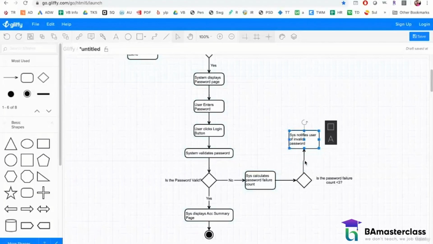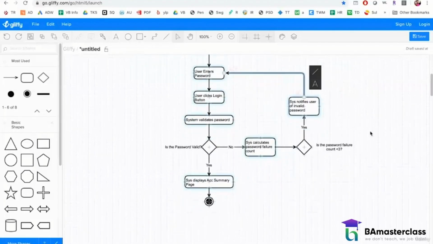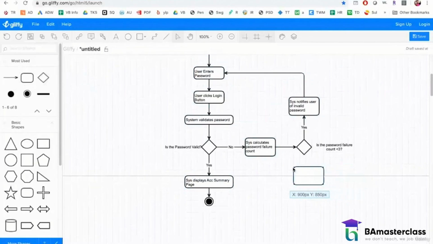What scenario is this? This is the yes scenario. And where do I connect that box to? This goes where? User enters password. Perfect. Simply goes here. What happens to the no scenario? Okay, account locked for let's say 24 hours or something.